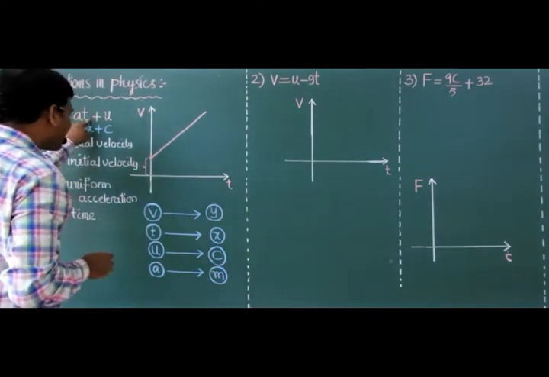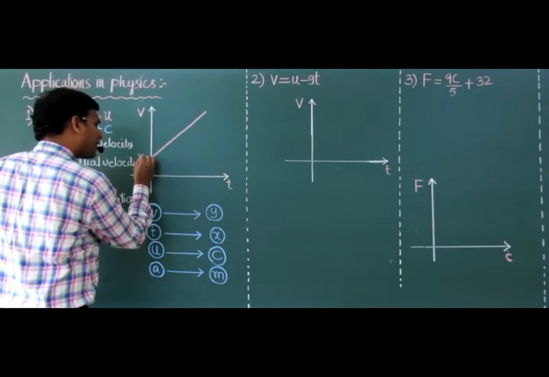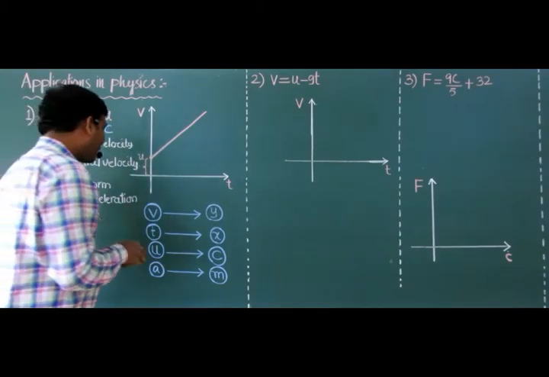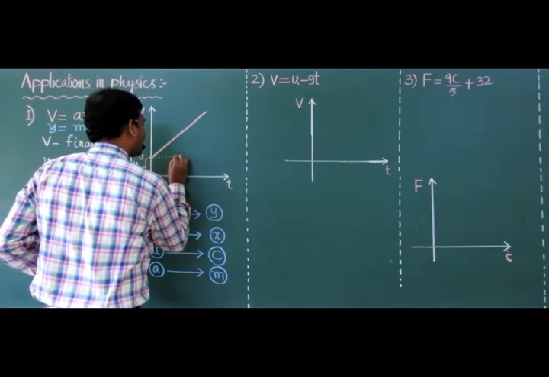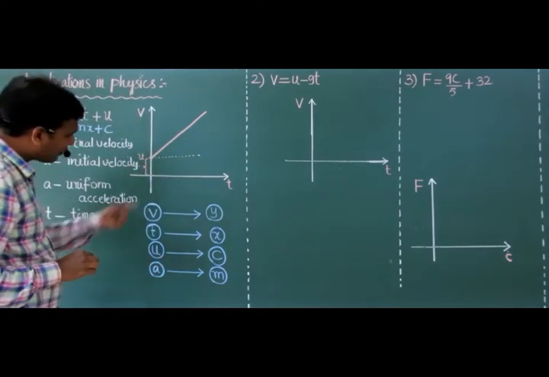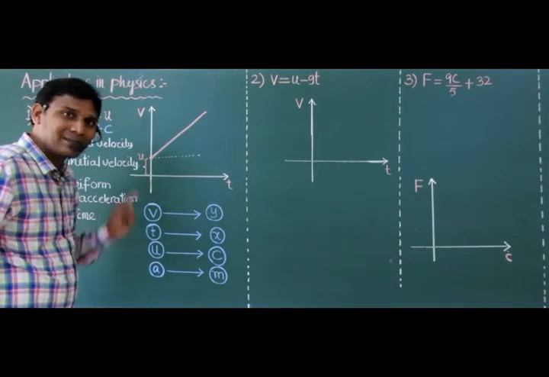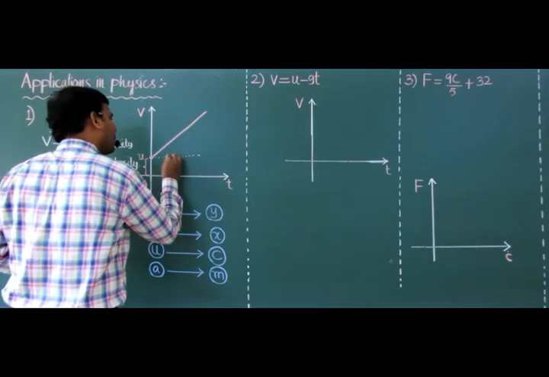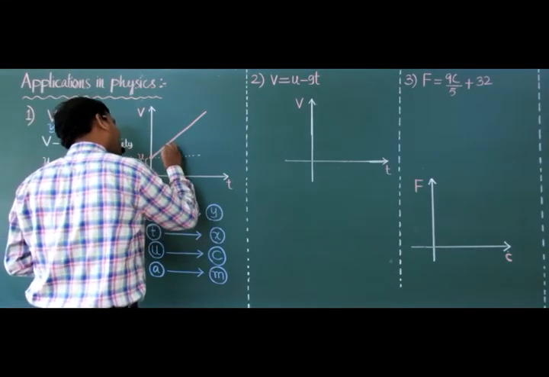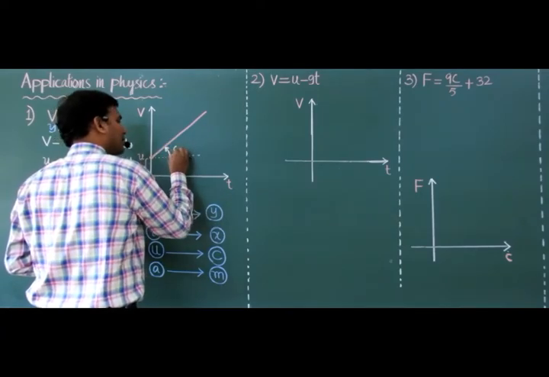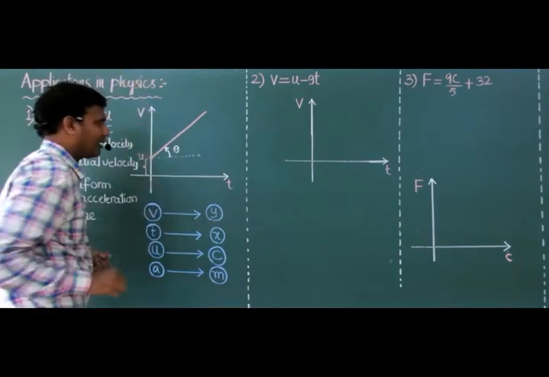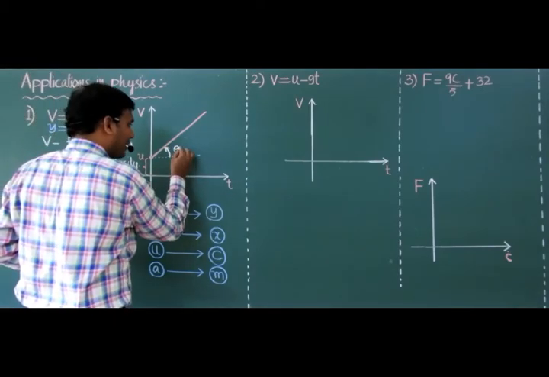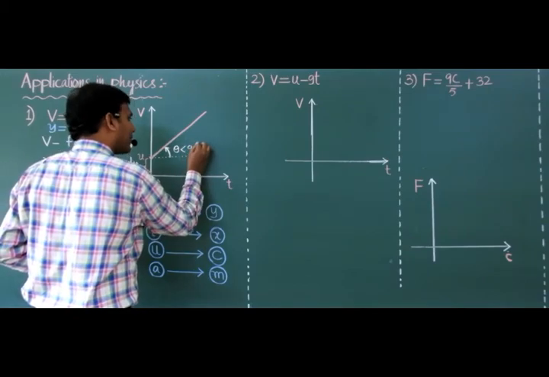In physics, in this relation, this is nothing but the initial velocity u. After that, you just draw a line parallel to the time axis, time being the x-axis. Clear? Then take this angle as theta. This theta is less than 90.